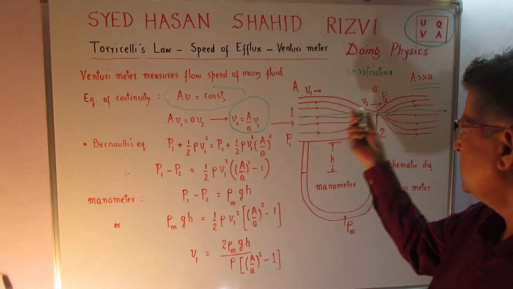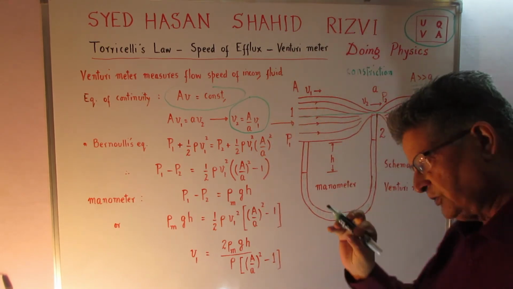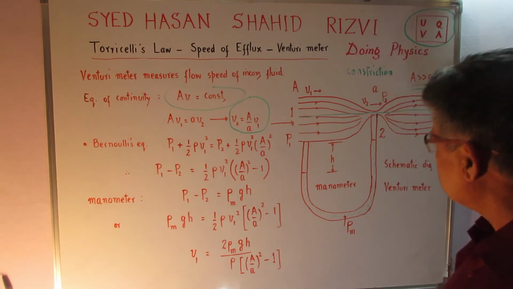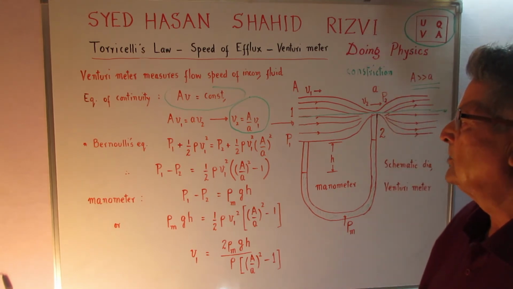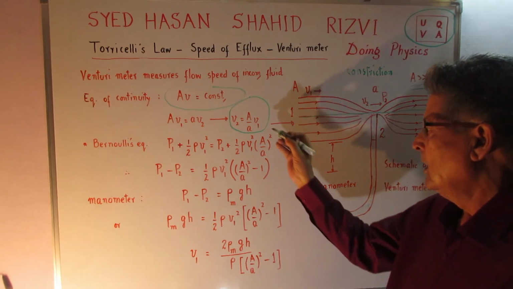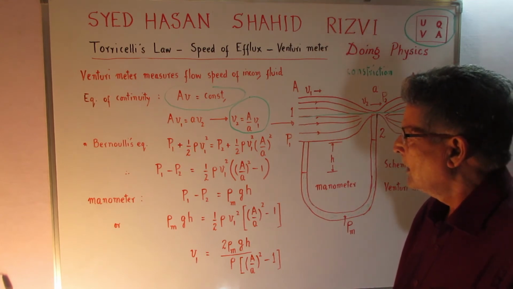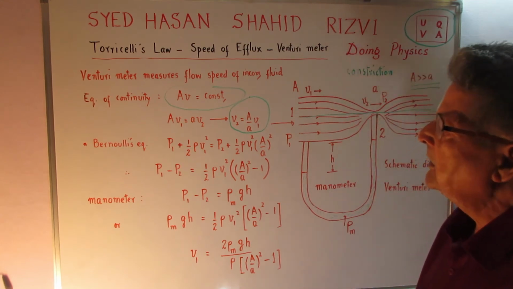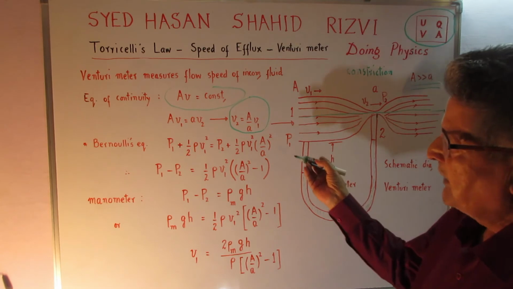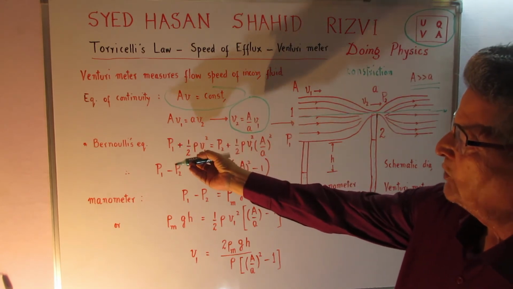That means the velocity with which the fluid fluxes out from here becomes quite large.